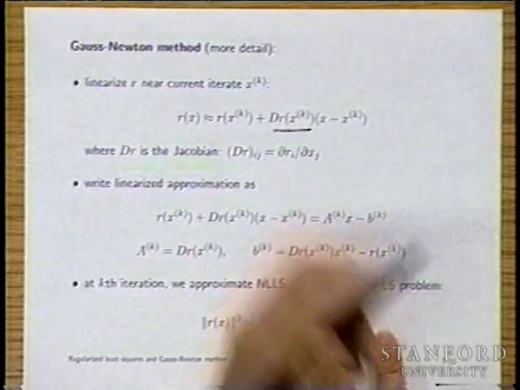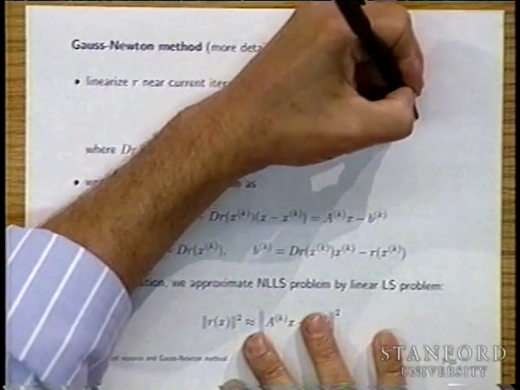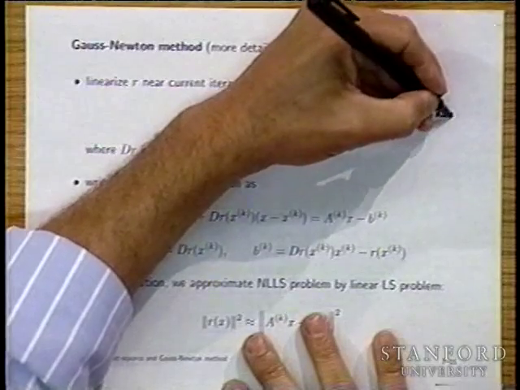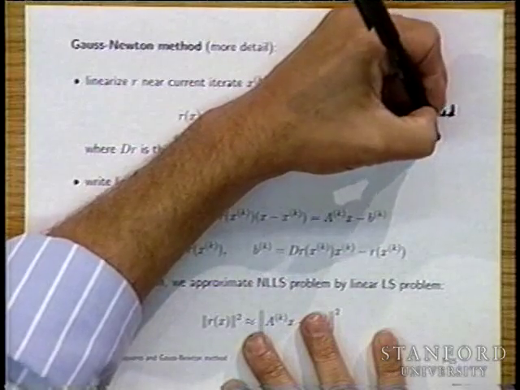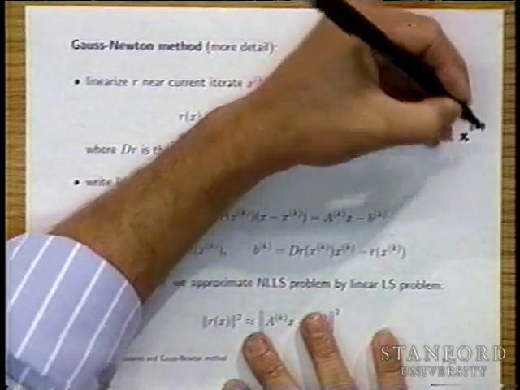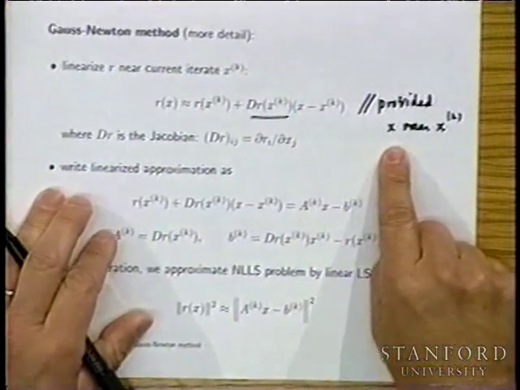Okay? And then here, if you wanted to, you could say something like, provided x is near x_k. Okay? So I could put a little comment there like that.